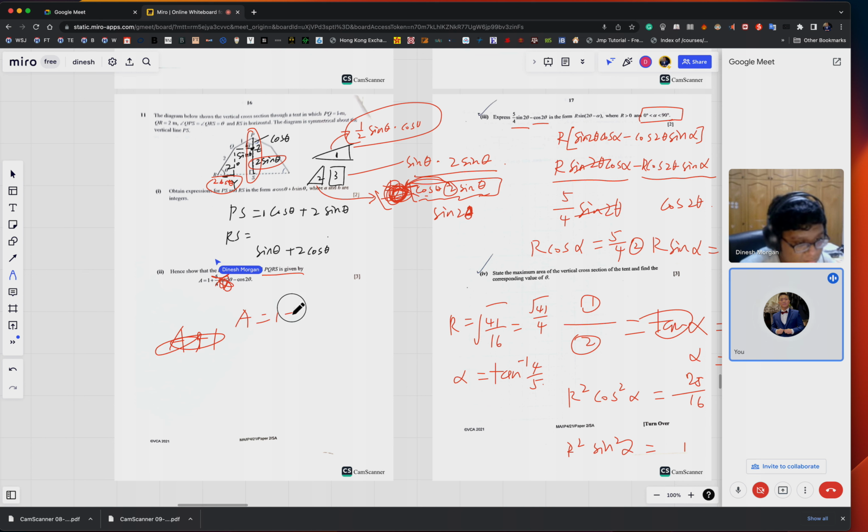A is equal to 1 plus, the back one is already converted to this, square root 41 over 4, then I have this sine 2 theta minus the alpha. What's the alpha, by the way? Tangent inverse 0.8.